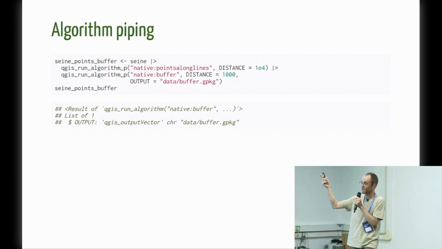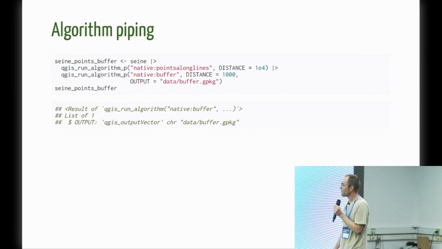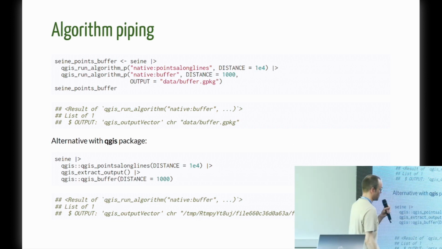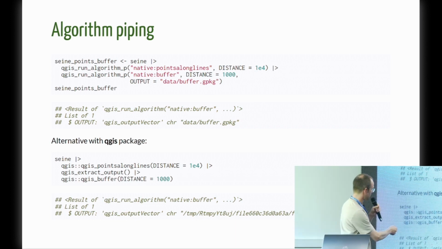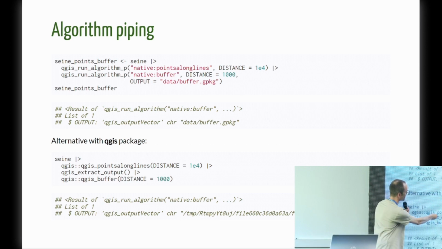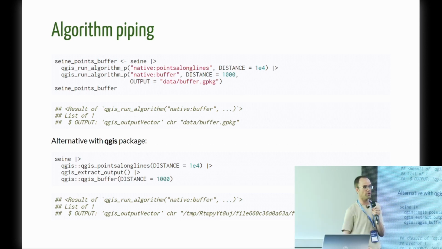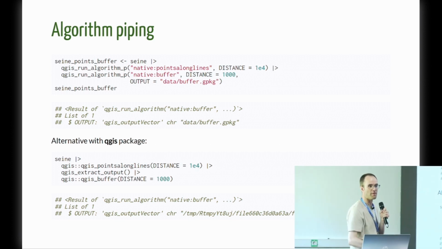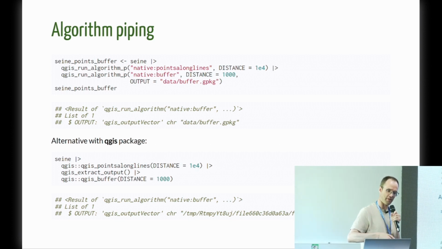That is also specific to this piping type of function. You can also use the QGIS functions in a pipeline, but you have to extract the output before you pass it to the next one. Because these are still the same functions as we used before, they are not really specifically made for doing the same.